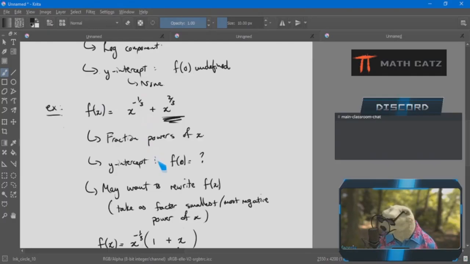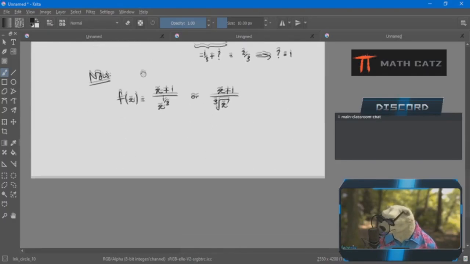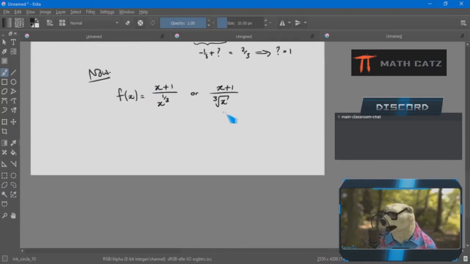I need to see the function for what it truly is. And when I avoid negative exponents, it makes the y-intercept calculation easier anyway for me. Y-intercept calculation, 0. And now I see clearly I'm going to divide by 0. And again, it's going to be undefined. It just makes everything easier. So there is no y-intercept.